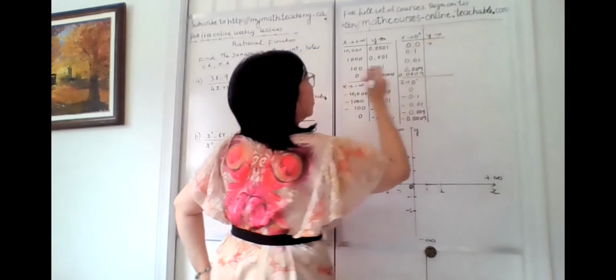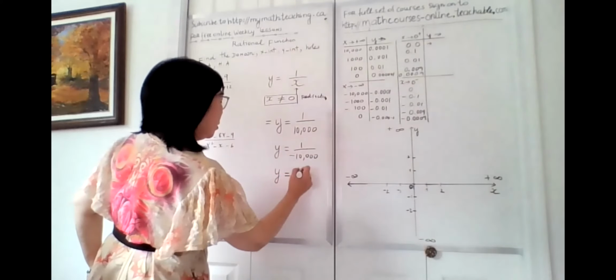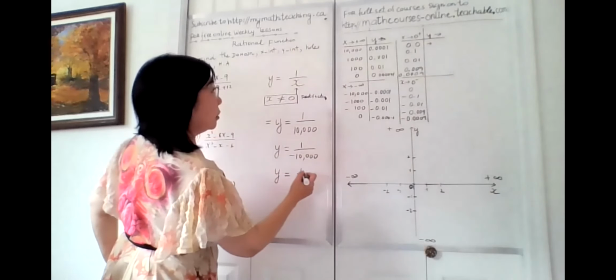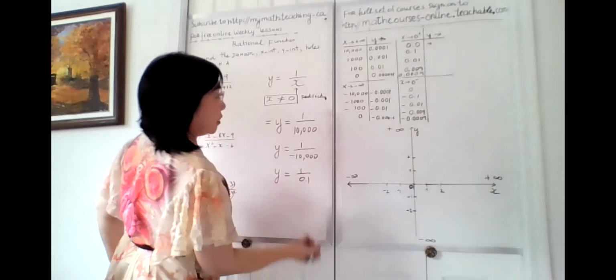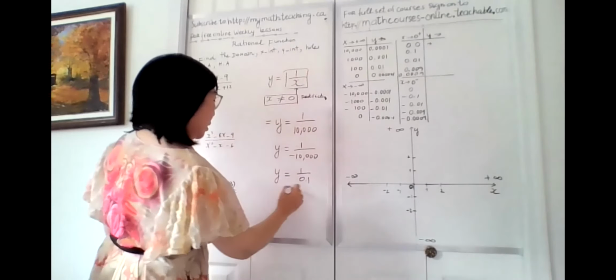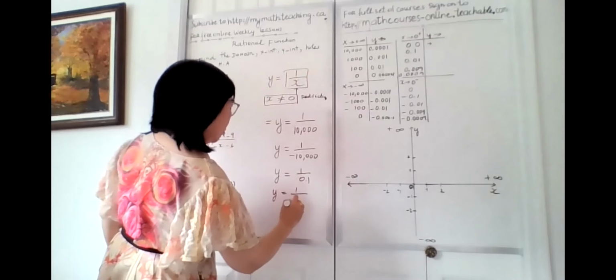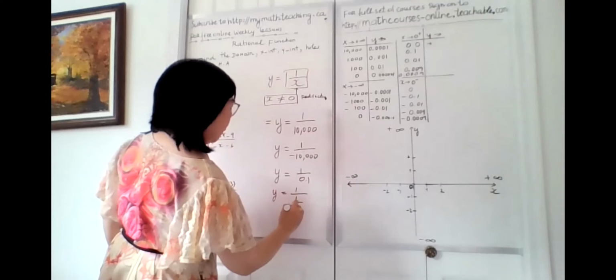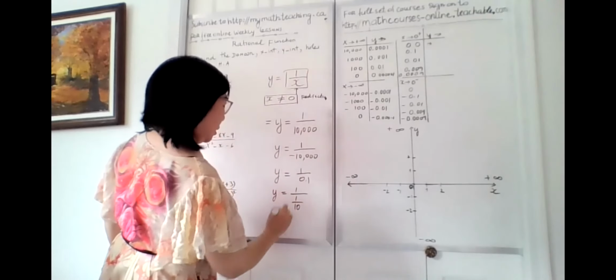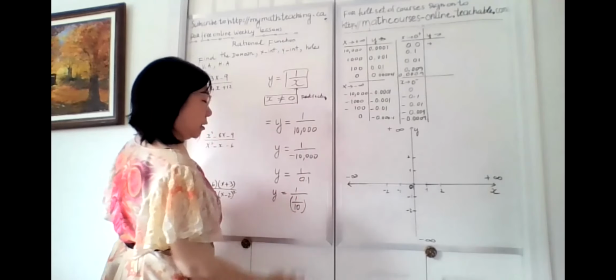Okay, let's do 0.1 and see what happens. Now, y will be equal to 1 divided by 0.1, obviously, right? But I can also convert this to 1 divided by 1/10, because 0.1 equals 1/10.